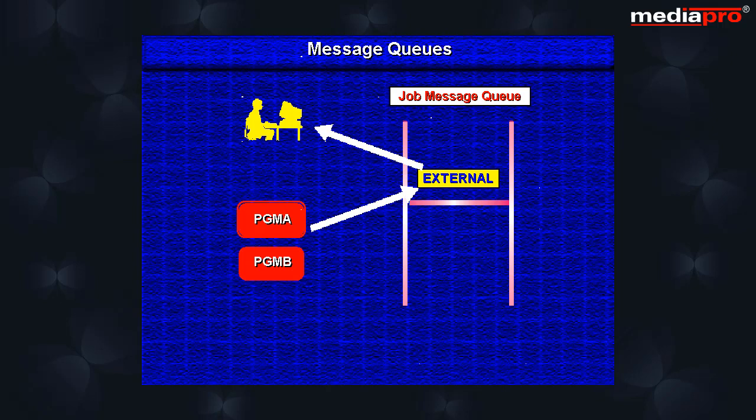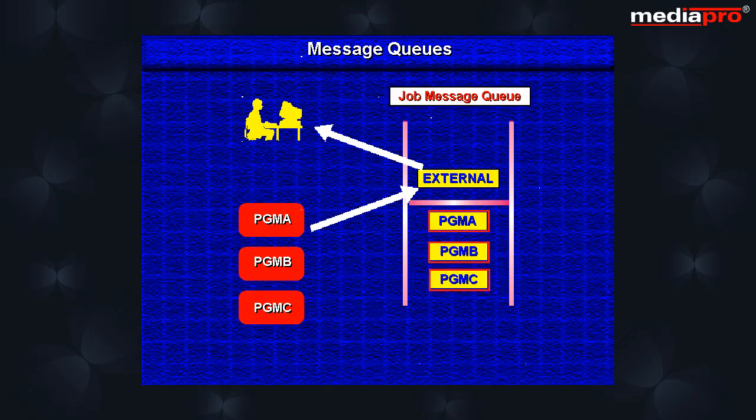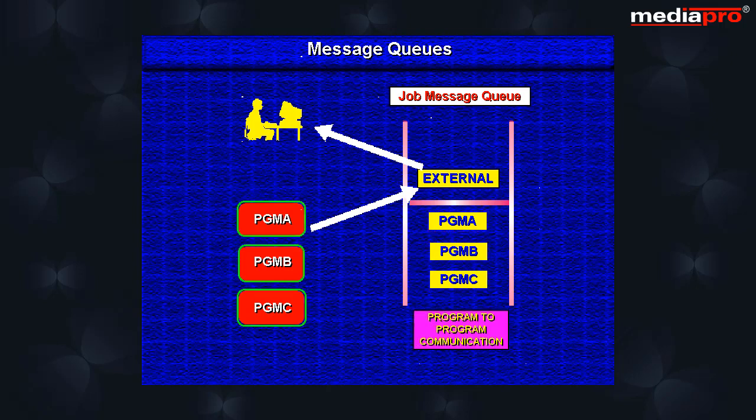Whenever a program is started, a program message queue is added to the job message queue. The program message queues are used for program-to-program communication among programs within the job.